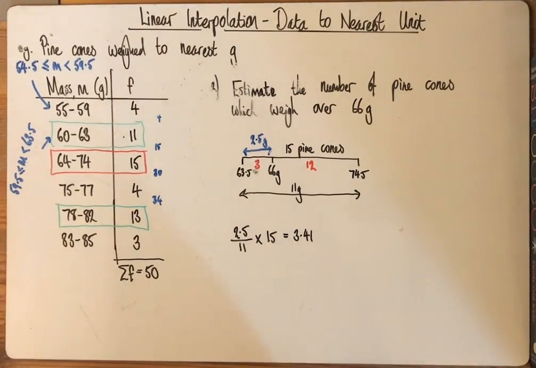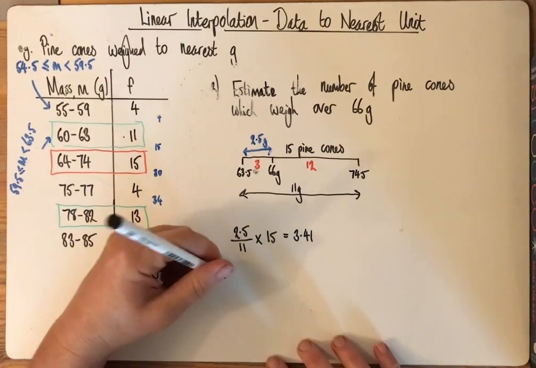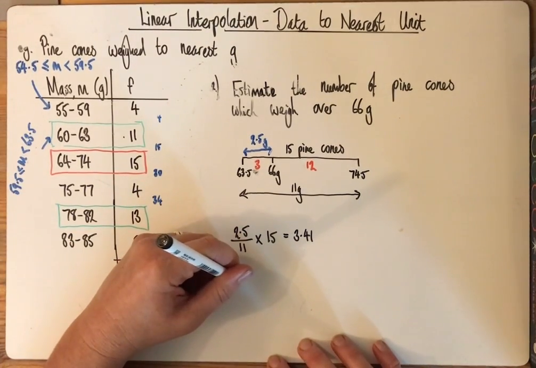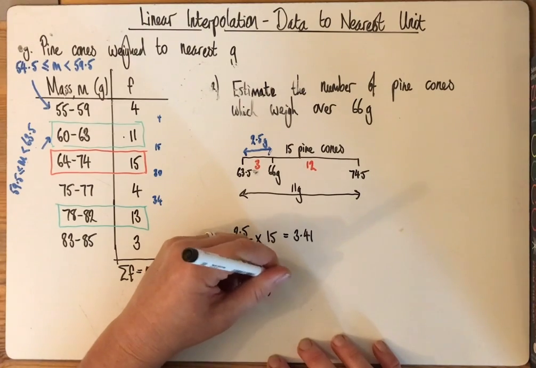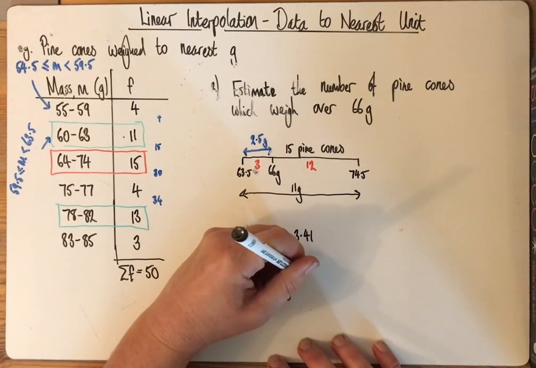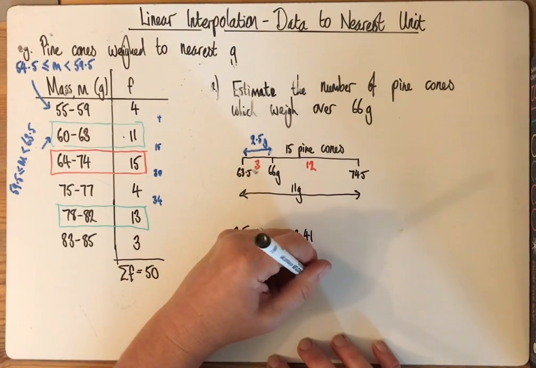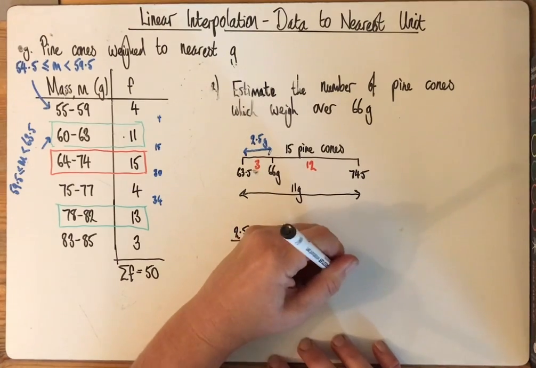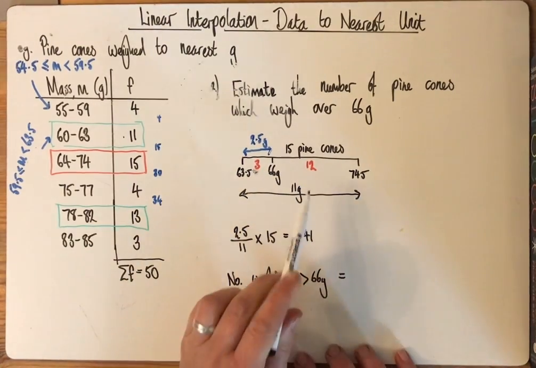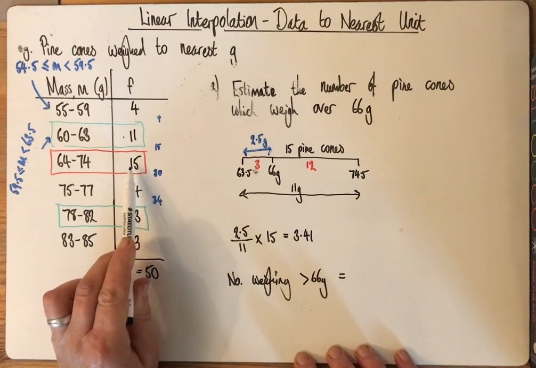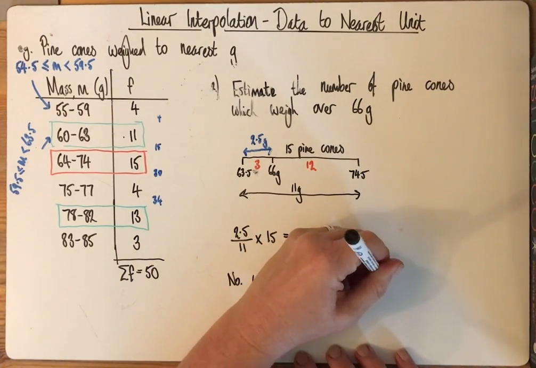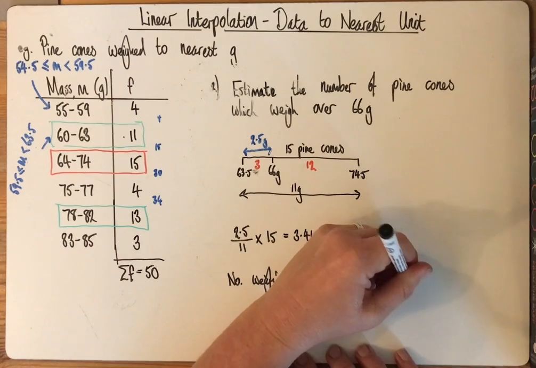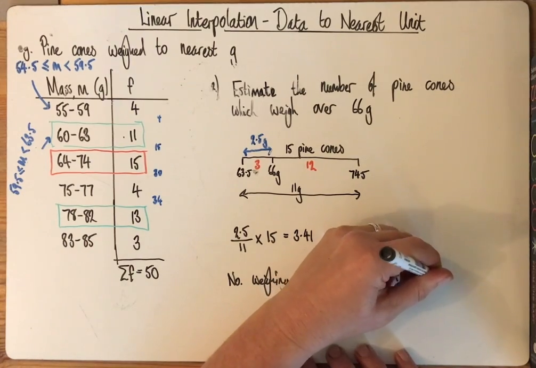And so the number weighing more than 66 grams will be equal to 12 plus 4 plus 13 plus 3.